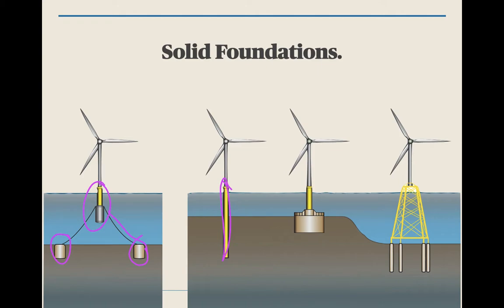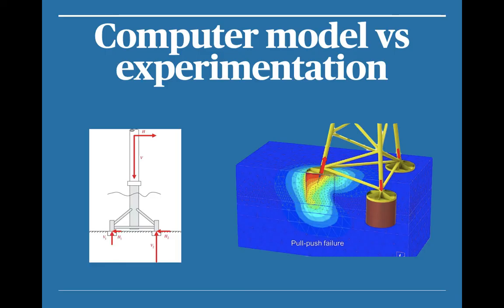But the thing is, the computer models are quite rudimentary and just kind of estimates at best. So that's where doing experimentation to validate the models and algorithms and whatnot is pretty key.